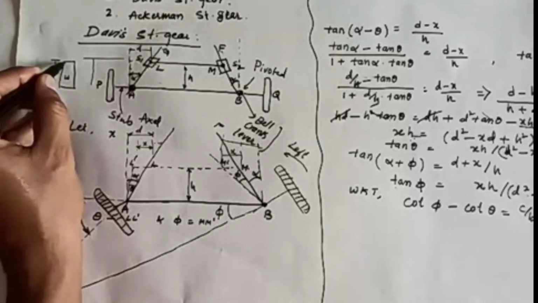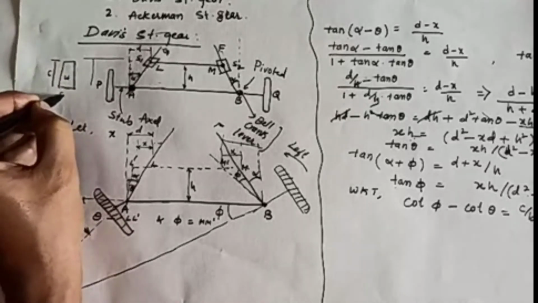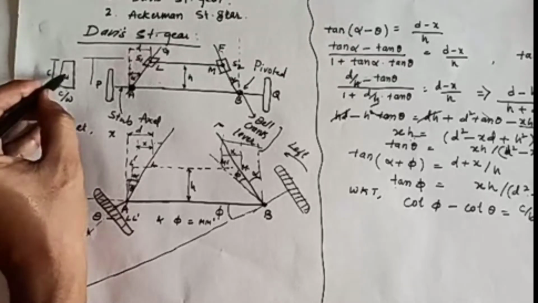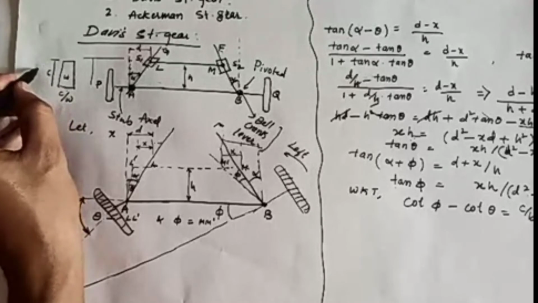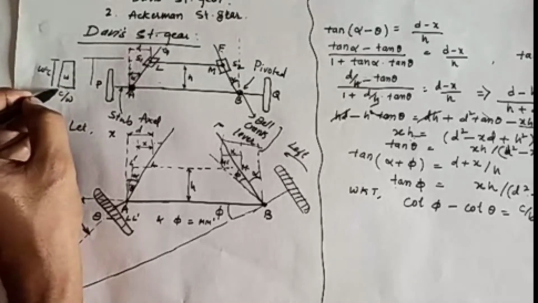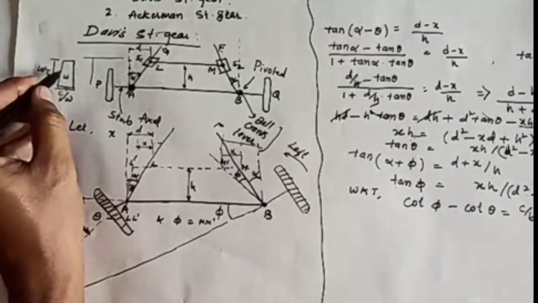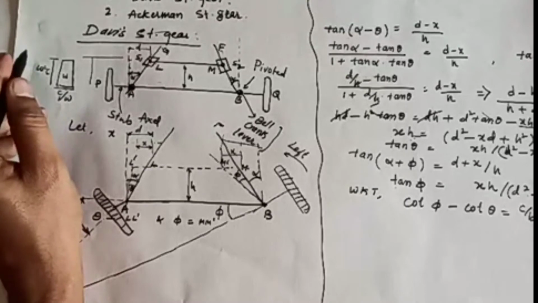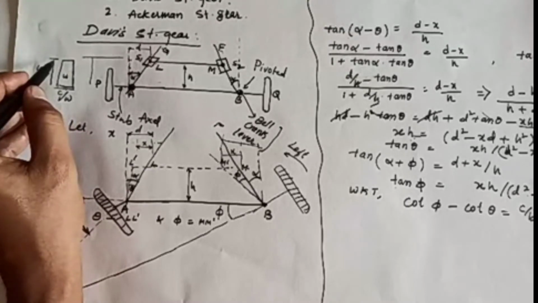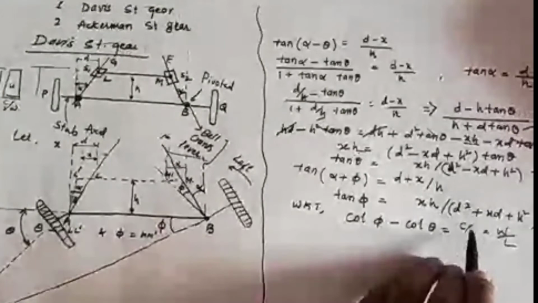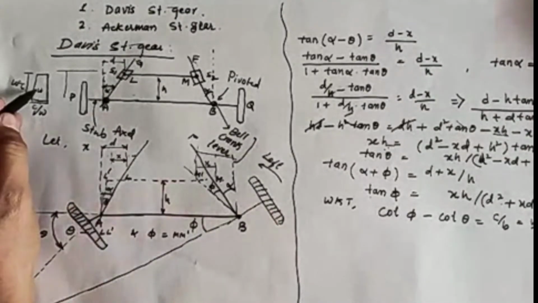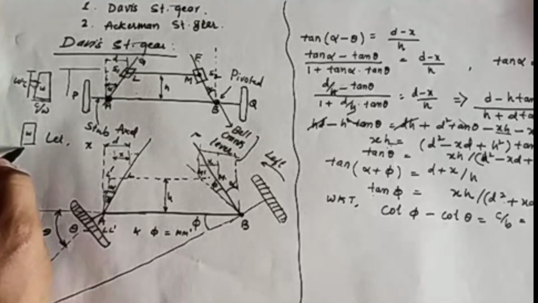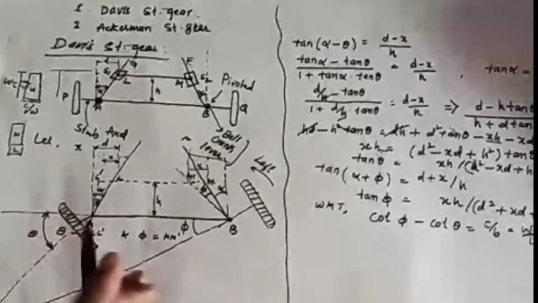And W will be the width of the front wheel. So C by W will be taken. In the previous class we took C by A. Here it will be taken as W, the width, and this will be L. Okay, W by L.